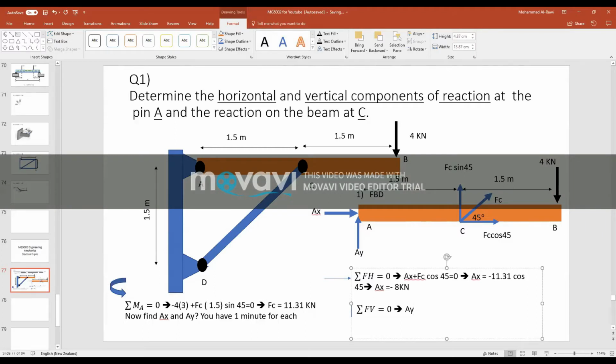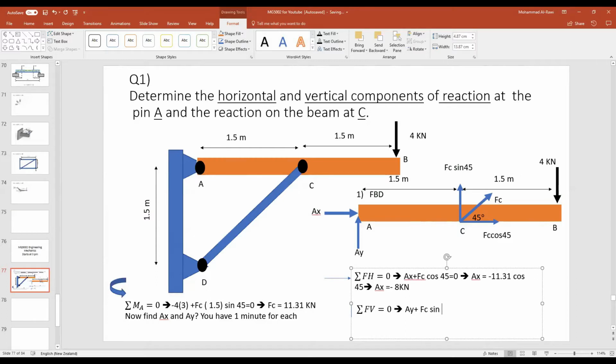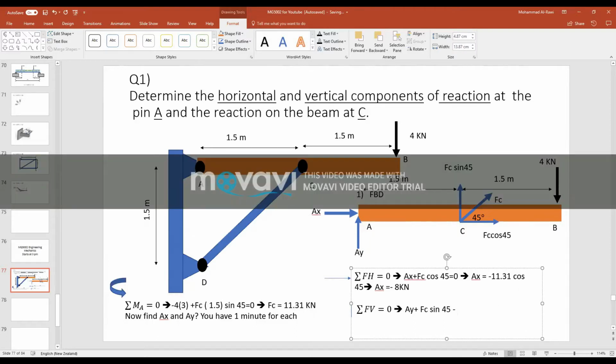So AY, it's going upwards, plus, what do we have? FC sine 45. So this force is going upwards, this force is going upwards, minus 4 kilonewtons equals 0.